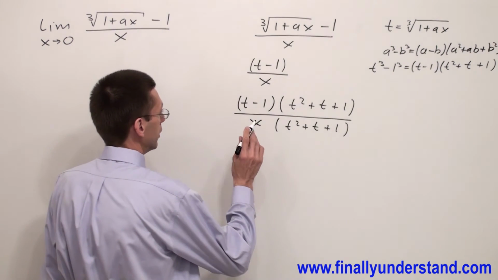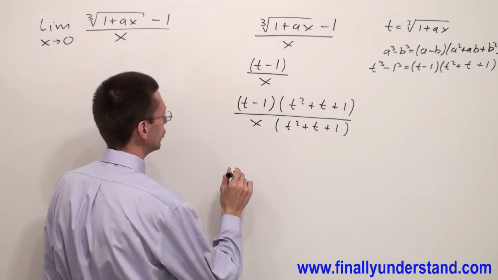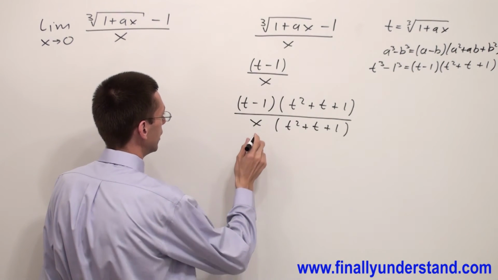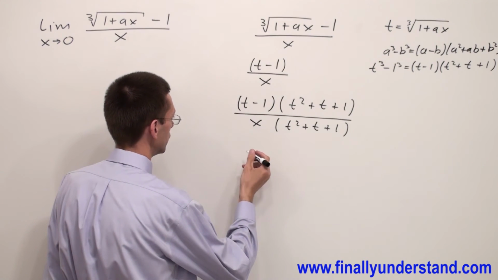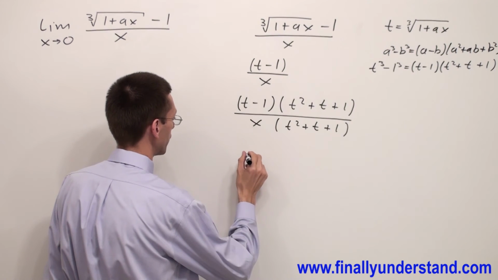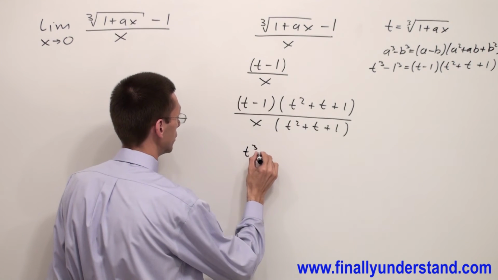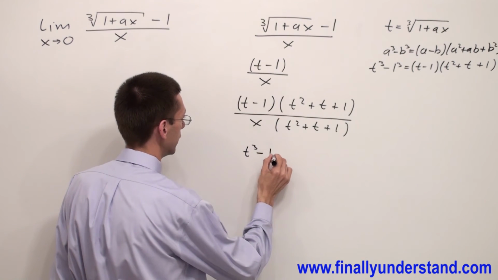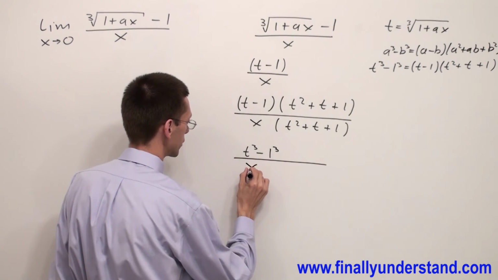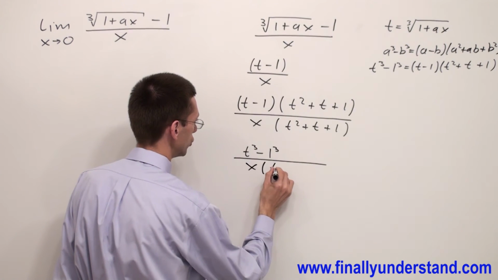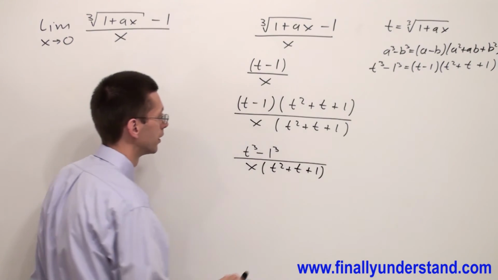Next, I'm going to simply rewrite this expression as t to the third minus 1 to the third over x, and I have t squared plus t plus 1.